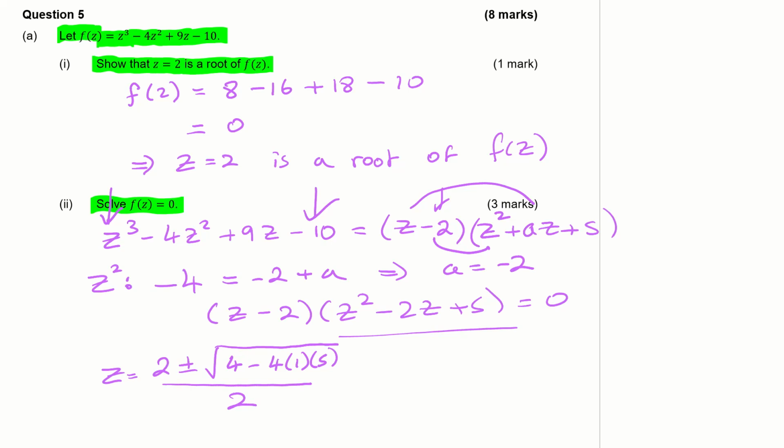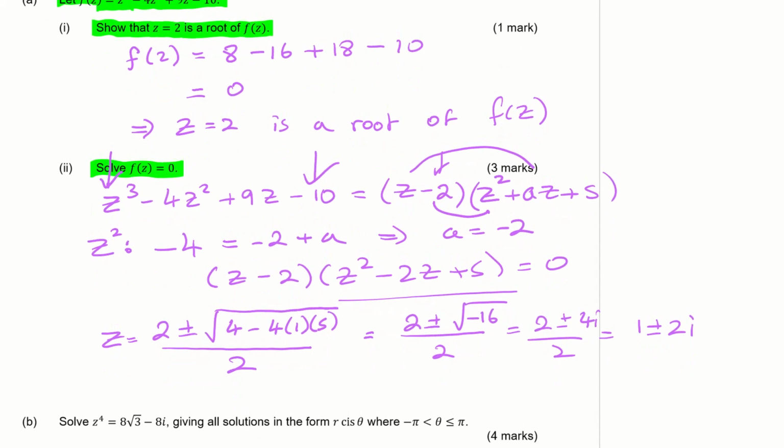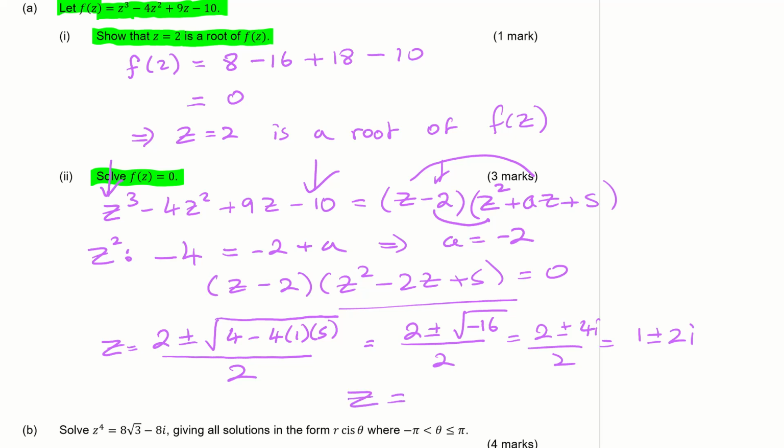So that gives us 2 plus or minus the square root of negative 16 over 2, which is 2 plus or minus 4i over 2, which is 1 plus or minus 2i. So our final result is that we have 2 from there and from part 1 of the question, and then we have the 1 plus or minus 2i.